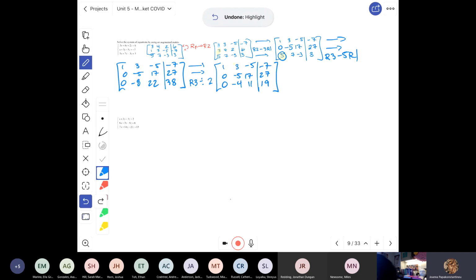Yeah, so I personally would try to get a 1 here. And the way I would do that is I would leave row 1 alone, leave this alone, and divide row 2 by -5. Now, I know you don't like fractions, but really, we're going towards a solution matrix, and your answer may be fractions, so just deal with it.